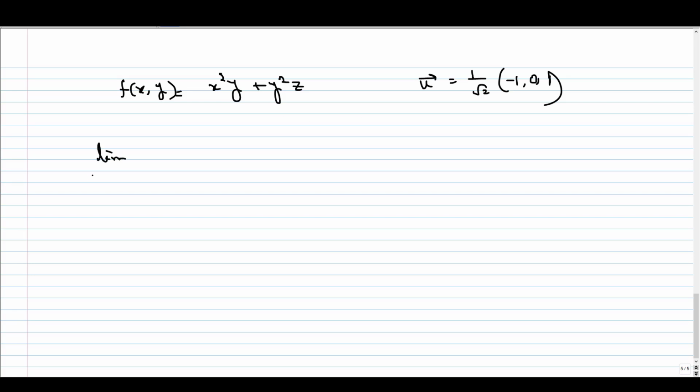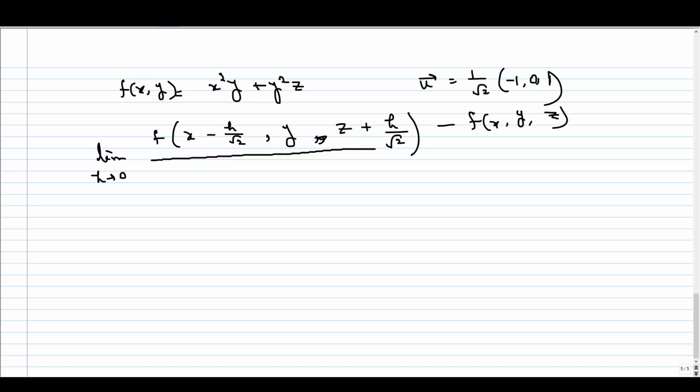We have to calculate limit h tending to 0 of f(x minus h by root 2, ...). Because I have to multiply h with this and then add this, the first coordinate will be x minus h by root 2. The second coordinate will be y, because in the second coordinate of the vector there is 0, and in the third coordinate there is z plus h by root 2. I have to subtract f(x,y,z) here and divide with h, and basically I have to calculate this limit.